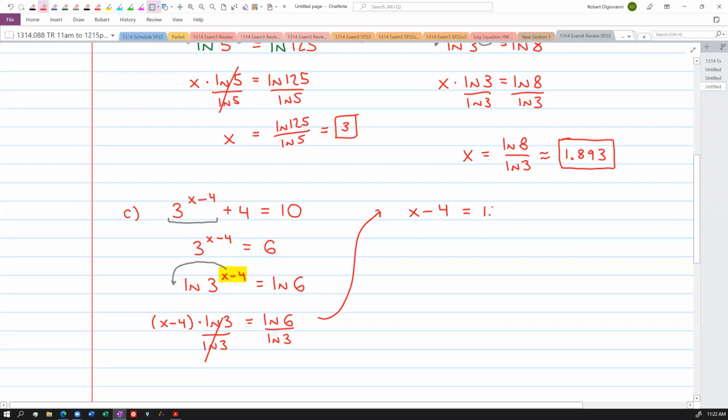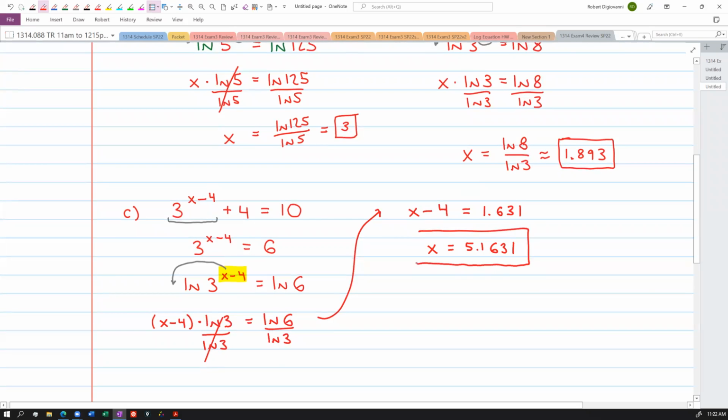I get 1.631, let's say. And then there's just one more step. Add 4, right? Add 4 and you got x by itself. So 5.631. There we go. Questions there?